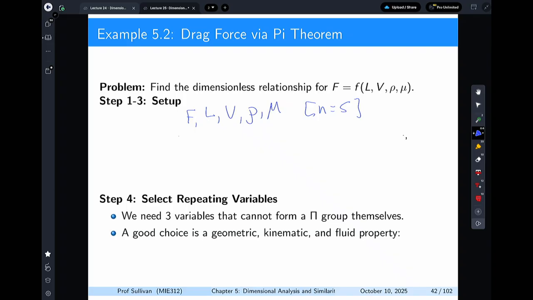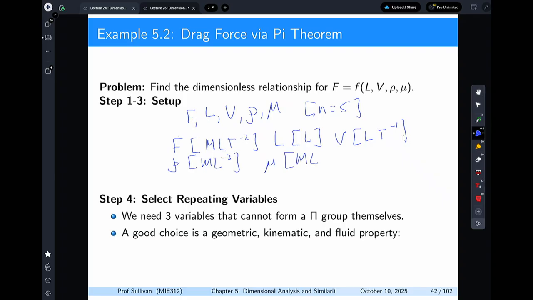As you're supposed to do, you can then put in all of the dimensional terms.